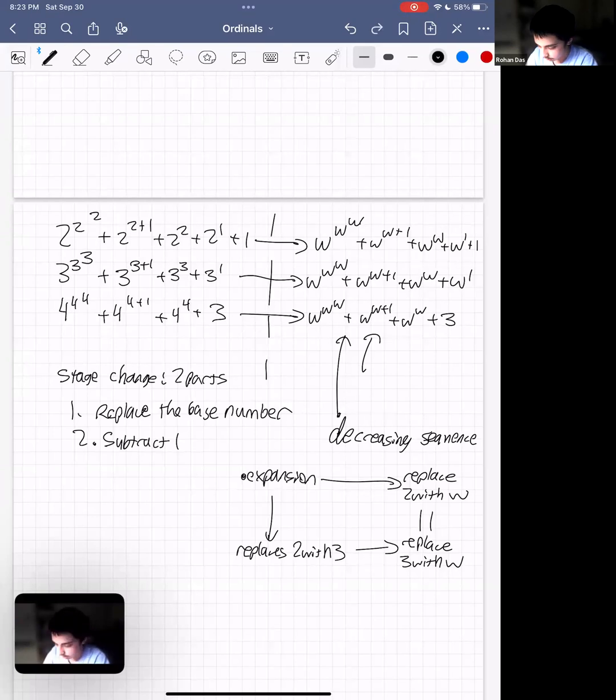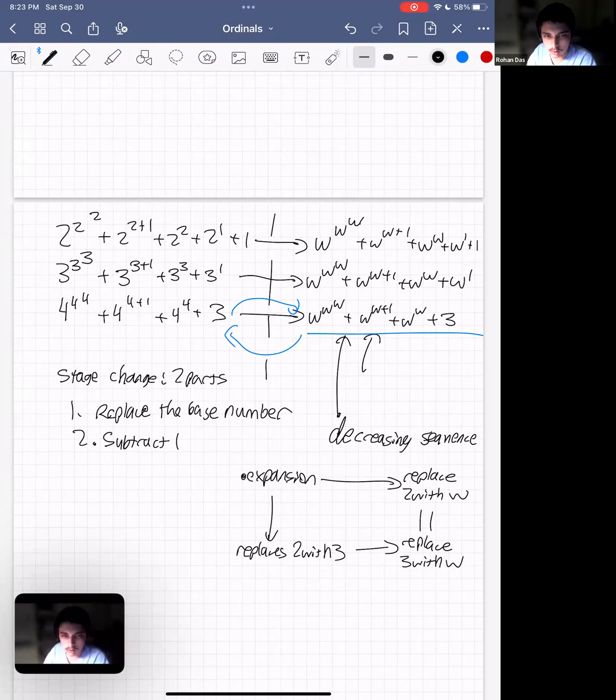For example, if we have something like omega to the omega to the omega plus omega to the omega plus 1, etc. When we're on stage 3, we can get back here by replacing each instance of omega with a 4. And we can also go back with our construction of the parallel sequence.